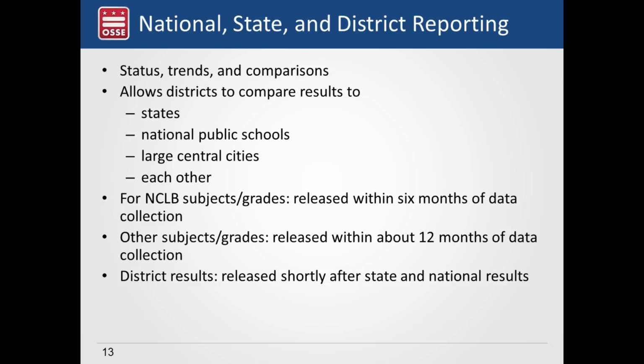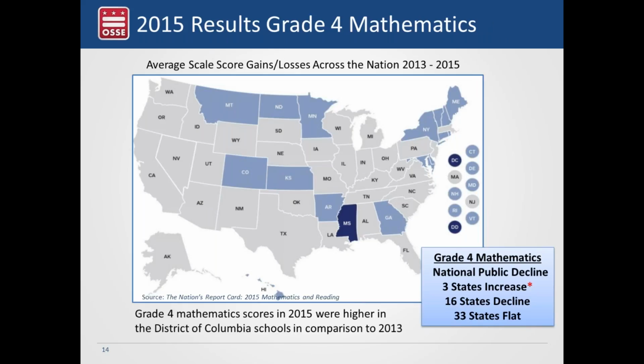Traditionally, the TUDA results are released a few weeks after the state's release, but last year the release occurred simultaneously, which may be a new trend moving forward. Let's look at the results over the next few slides.